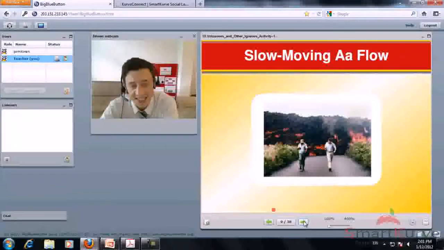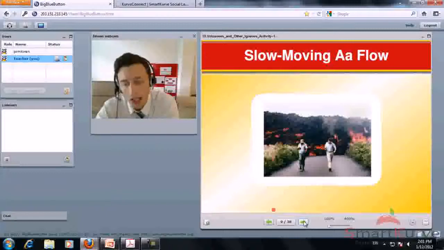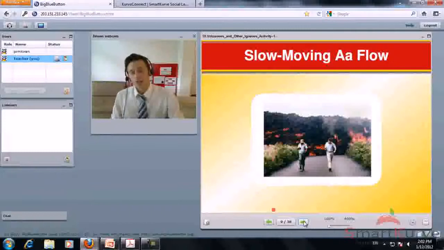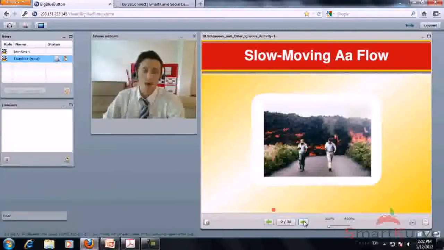That's the steam, that's vapor. That's because that lava is high viscosity, it's thicker, it has trapped more of that carbon dioxide and more water vapor. So it's going to create more steam when it starts to flow.